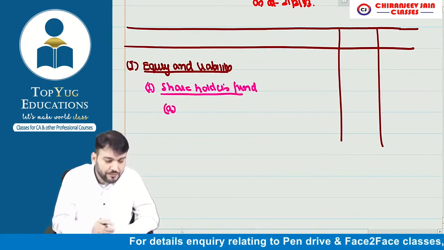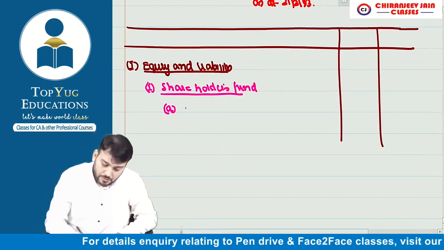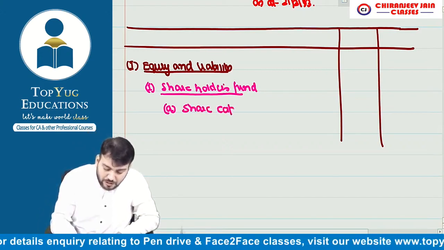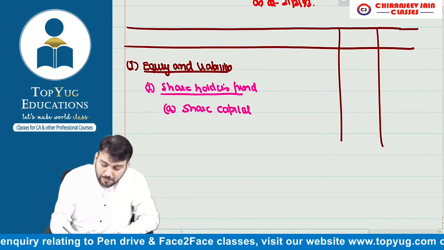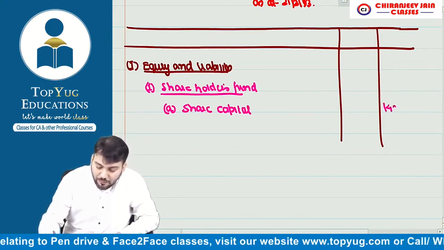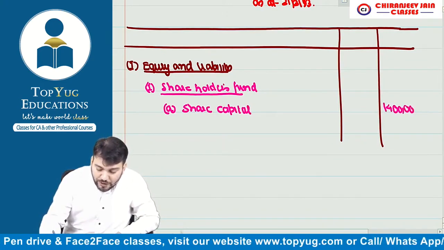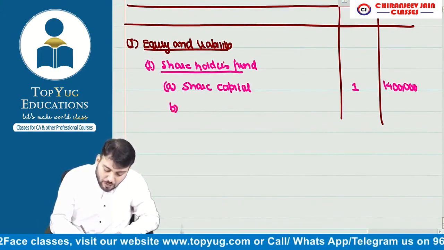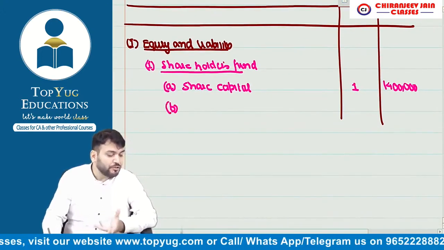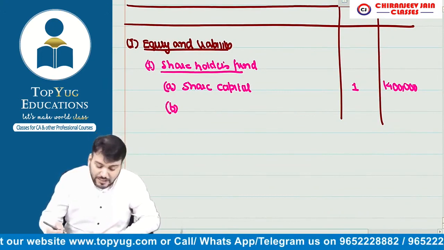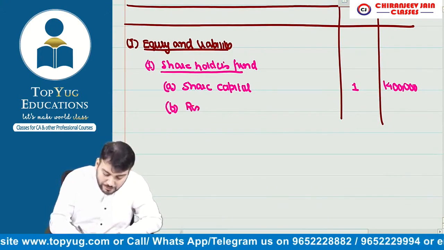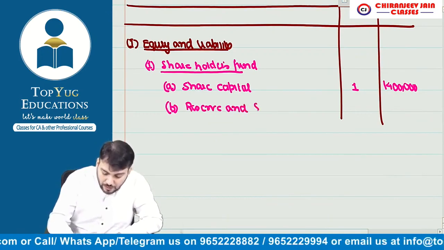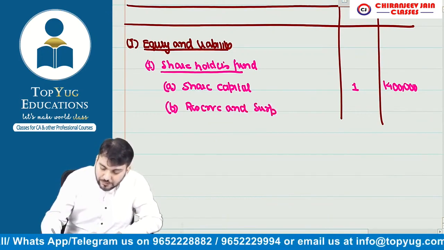Point number A, share capital. Now share capital, because preference share has been paid, only equity share capital will come, 14 lakh. Already I have said how 14 lakh. This is note number 1 you will give. Point number B, reserve and surplus, nil. Nothing has been transferred to capital reserve, so reserve and surplus will be nil.